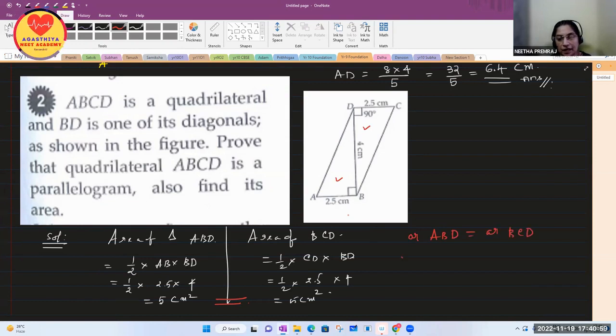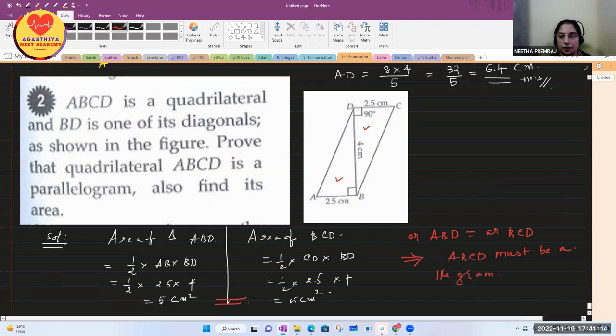So which implies, what do we understand from this? ABCD must be a parallelogram. That's it. You can make a note of it.